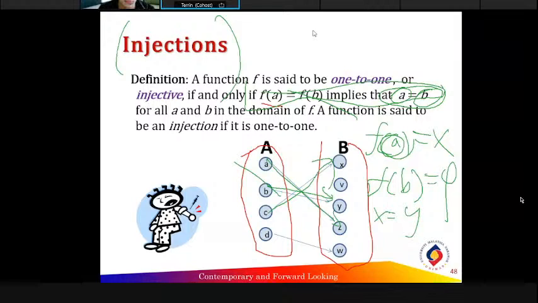Normally we say the relationship is many to one, as seen in the earlier slide where you can have multiple pre-images pointing to one image. Injection says that you can only have it as one to one.